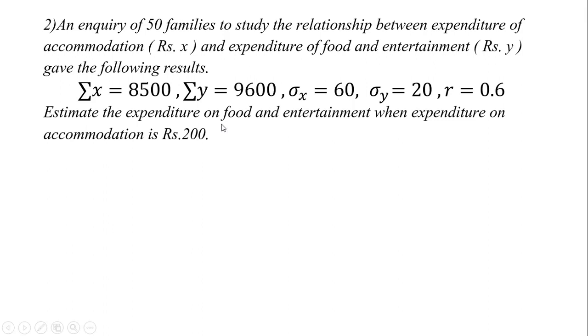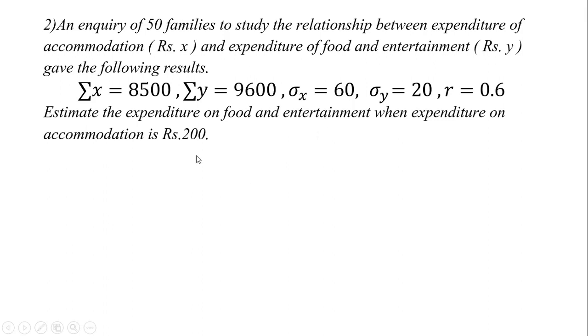But before that, we have to find which equation we want. Estimate the expenditure on food and entertainment. That is, we want to find the value of y, and the given value of x is 200, when expenditure on accommodation is 200. That is, the value of x is given and we want to find the value of y.